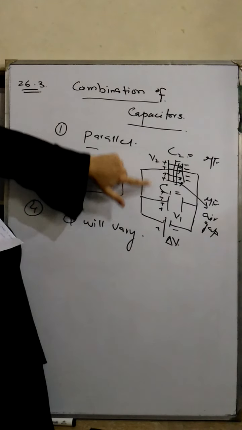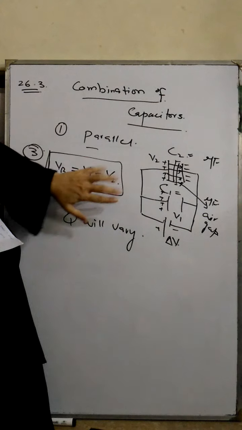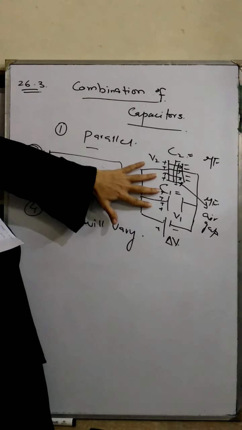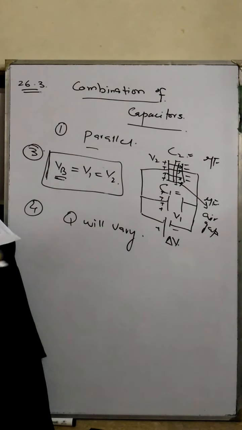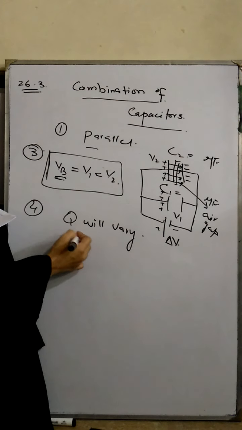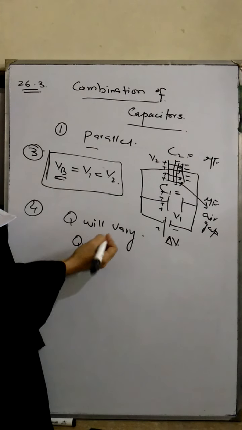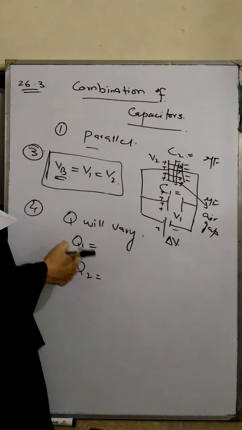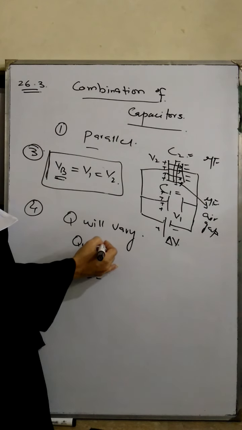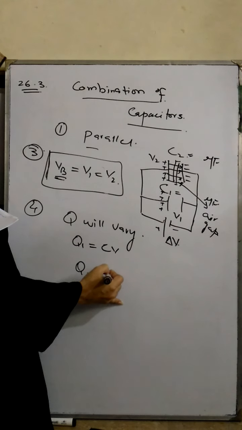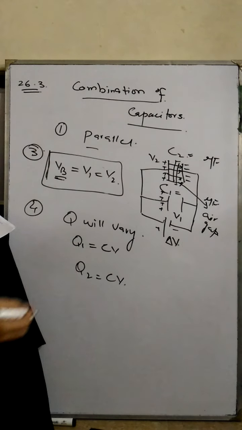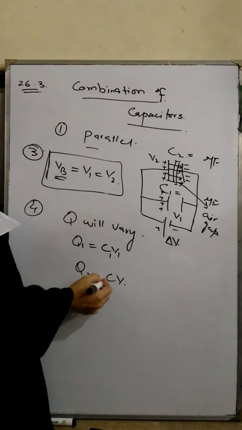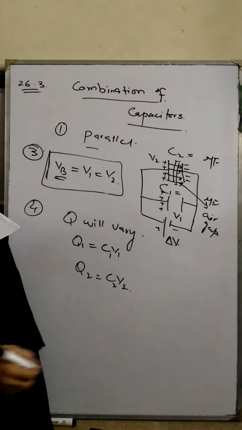Each capacitor will store charge according to its capacity, and therefore Q1 will have its own value and Q2 will have its own value, and we know that Q is equal to CV. We have Q1 = C1 V1, Q2 = C2 V2.